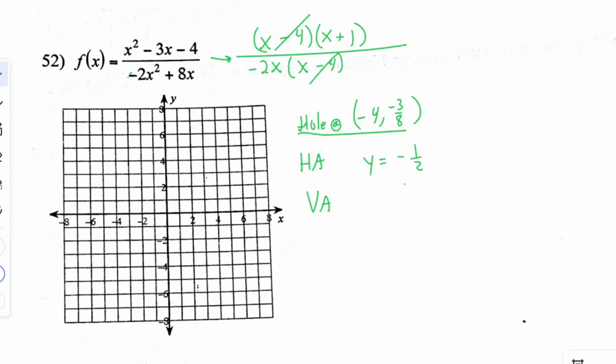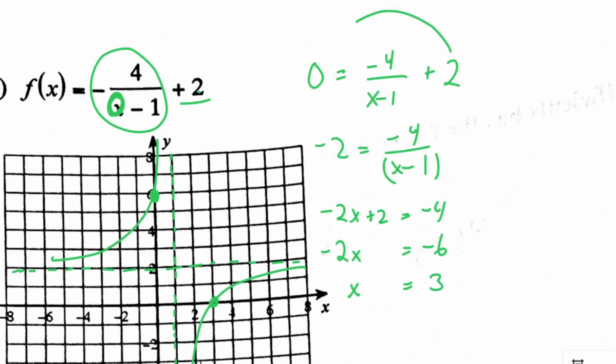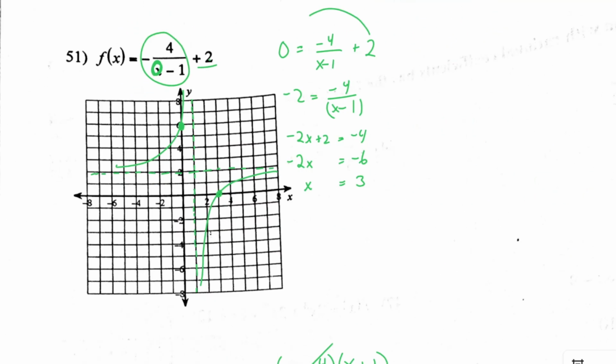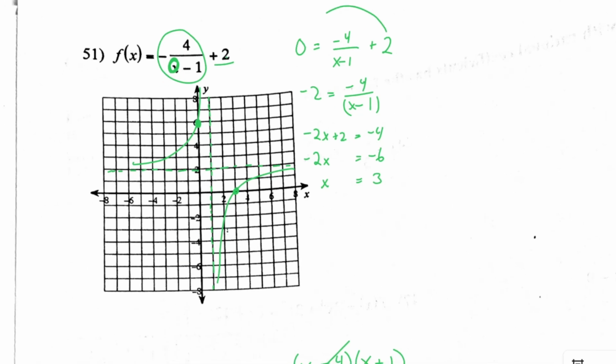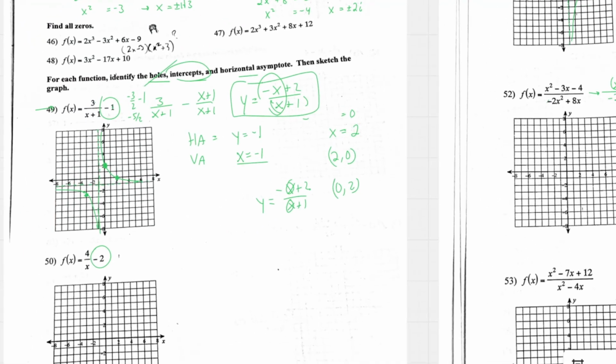Oh man, I should hope that the calculator was probably in the way for those last bunch of problems. Let's see. Go back and you could screenshot that and look at it later, I guess, or just pause and go back to 51. Was it in the way for these other ones? Dang it.